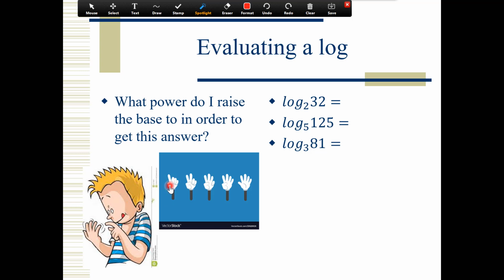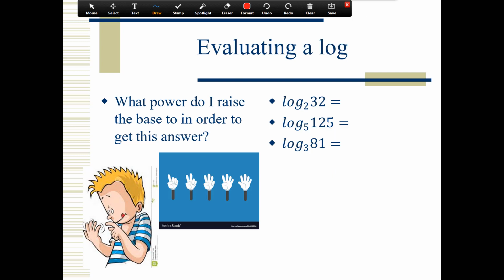That's 1 finger, and so that's 3. 3 times 3 is 9, and that's 2 fingers. 9 times 1 more 3 is 27, and that's 3 fingers. And 27 times 1 more 3 is 81. And I'm at the 4 fingers here. So that means that my answer is 4. And if we want to check it, 3 to the 4th power is 81. And so we know that that is correct.